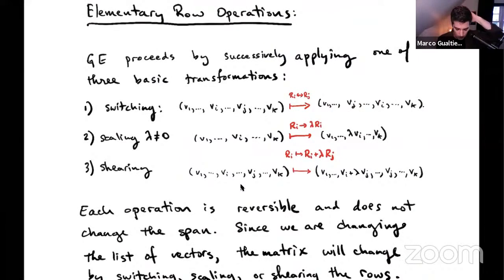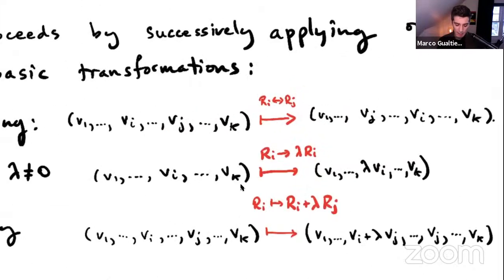The first one is called switching. And again, it's really important that we are dealing with lists, not sets of vectors, but lists. Because I have this list, there's going to be an ith and a jth entry, and I could just switch these two. I wrote it informally as the switching of row i and row j.